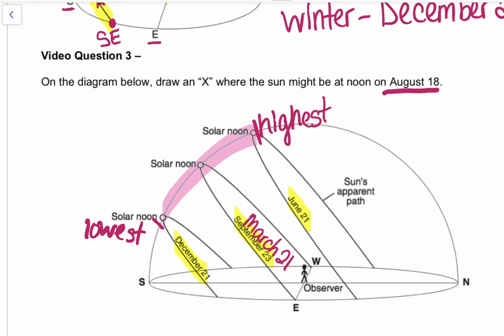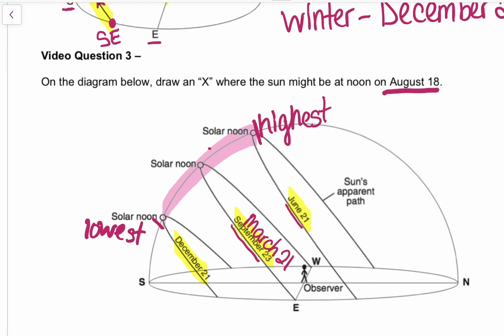We want to look at August. So what you want to do is figure out where August would be, between which of the months listed here. August is in the summer, so it would be after June 21st, after the summer solstice. But it's before September, so it would be before the fall equinox.